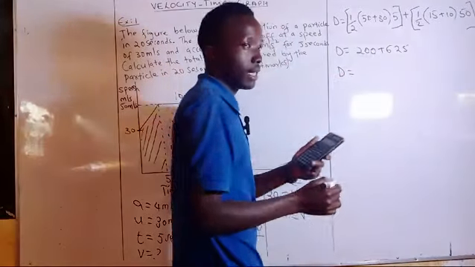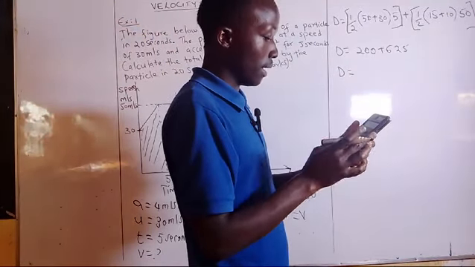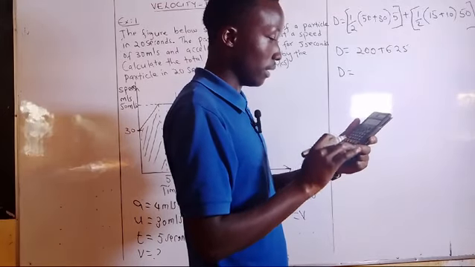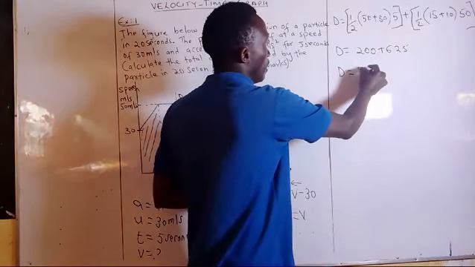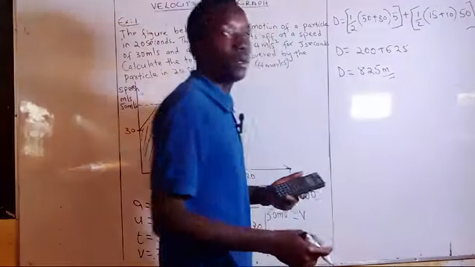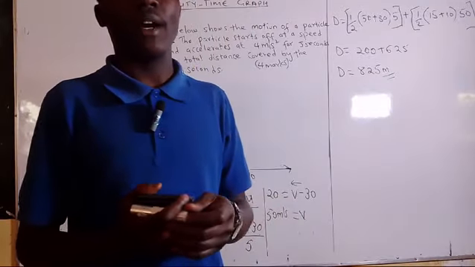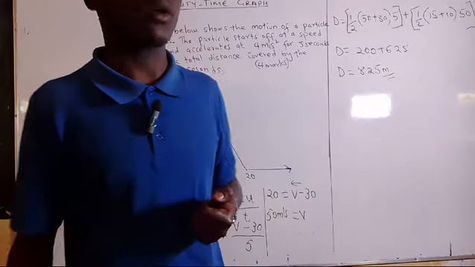Therefore, our total distance will be equivalent to 200 plus 625, which is 825 meters. And by doing that, we have determined the total distance covered by the particle.